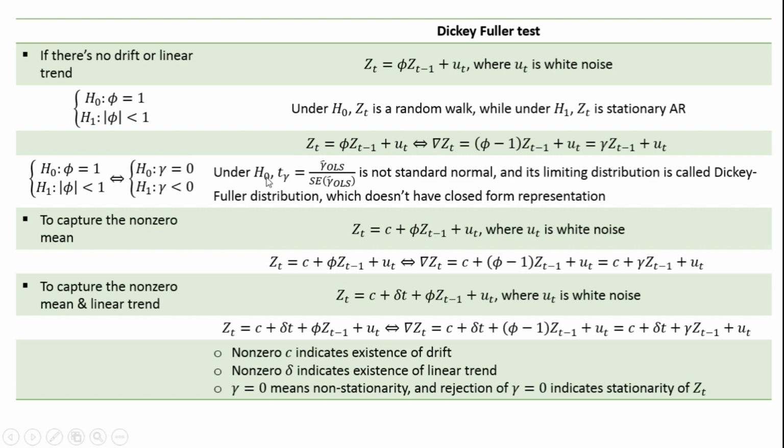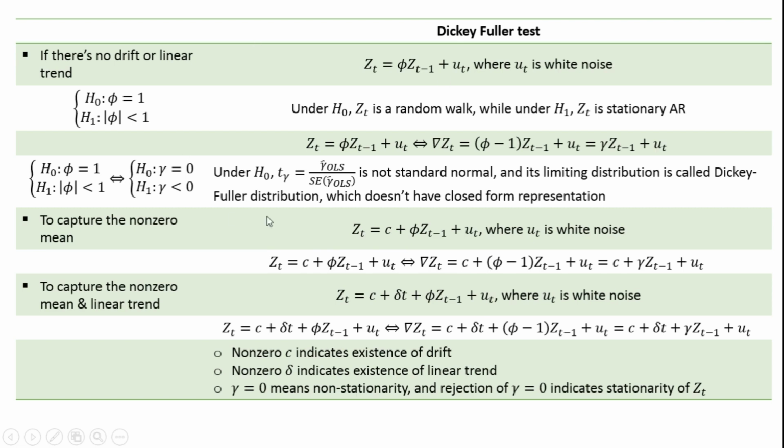Using this assumption, we can compute a test statistic. The t-statistic is not standard normal, and its limiting distribution is called the Dickey-Fuller distribution, which doesn't have a closed form representation.